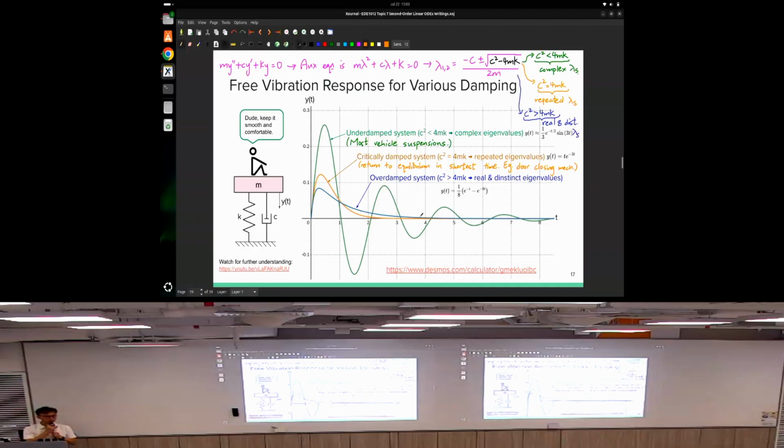You don't want that to open too fast, because if it opens too fast, you'll hit your chin. So that is an over-damped system, because speed is dangerous. So over-damped system, slow motion, desired, typically for safety. So an example will be the van door, or rather the back door of the van.